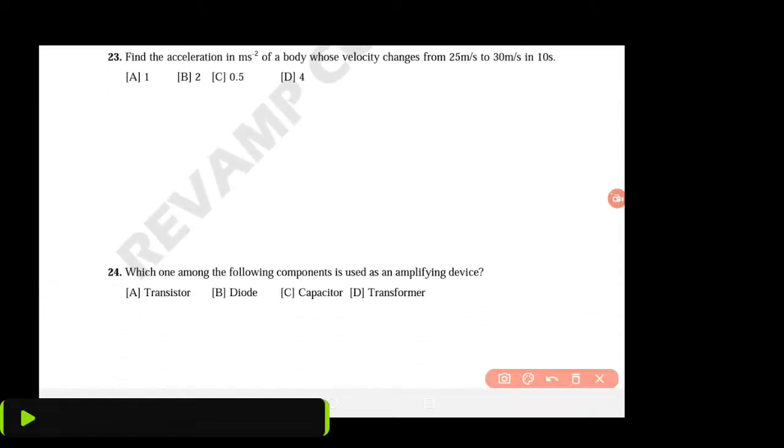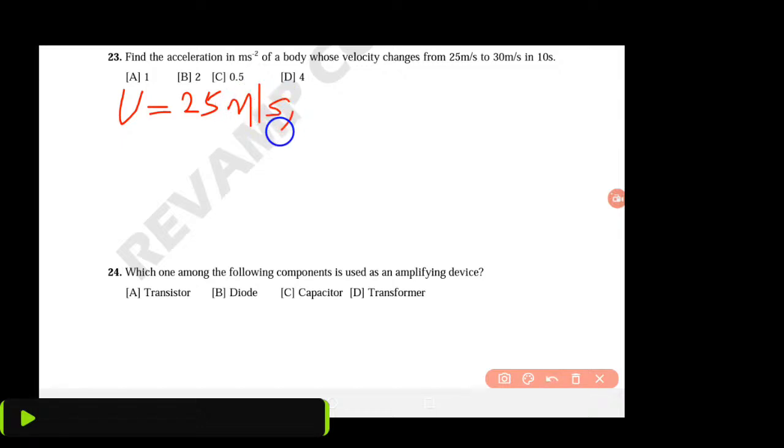Question 23 asks us to find the acceleration, in meter per second square, of a body whose velocity changes from 25 to 30 in 10 seconds. This question is similar to question number 1, but let's quickly write out the given parameters. Here we have initial velocity u equal to 25 meter per second.